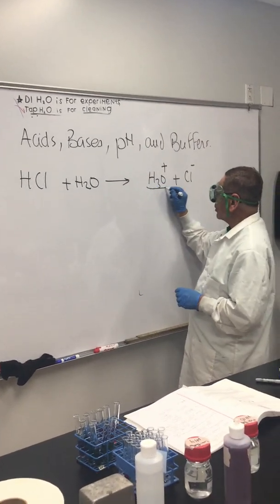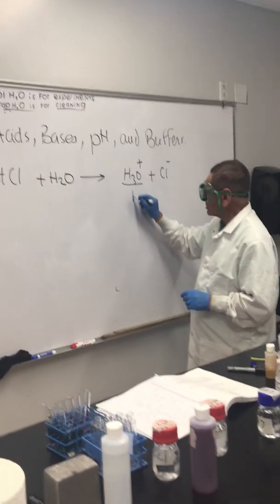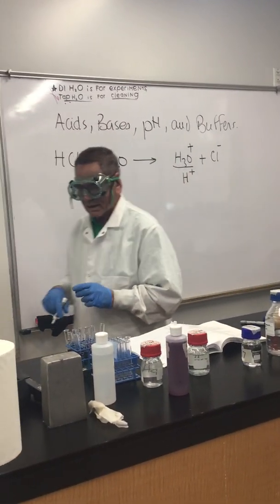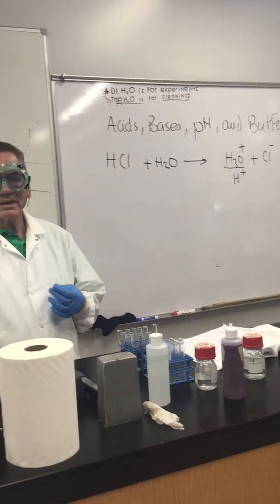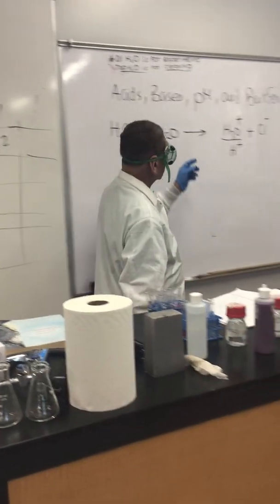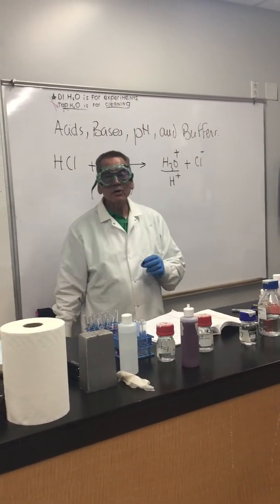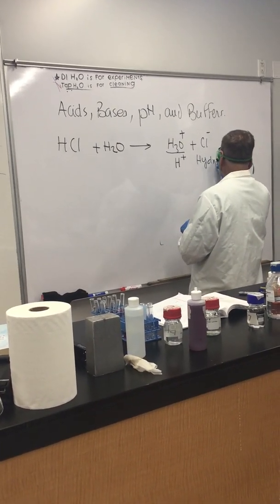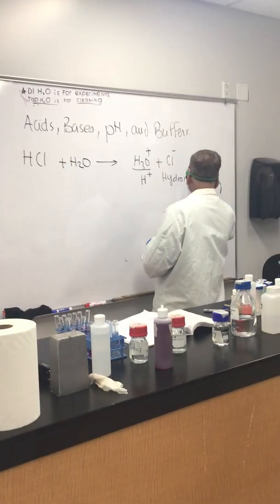And H3O+, that's an abbreviation for us, which is H+. So H3O+ and H+ are the same, but H+ is like H2O plus H+. That's what you got, the H3O+. We call this hydronium ion. Let me write it down for you guys. It's called hydronium ion.